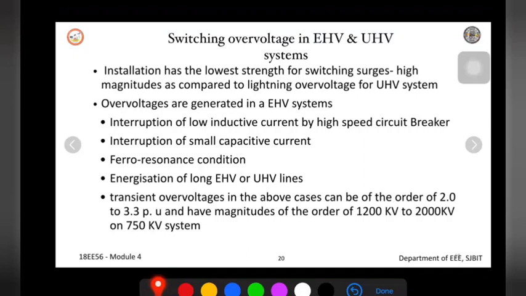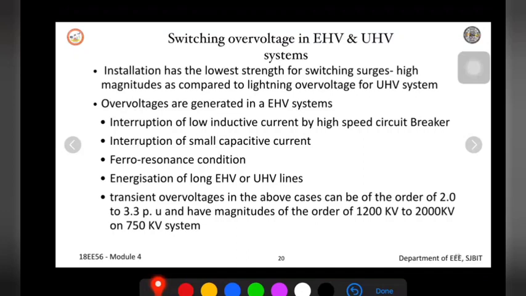The over voltages are generated in the extra high voltage system because of many reasons. That could be because of sudden release of internal energy stored within your system, because there are many such equipments within a power system.